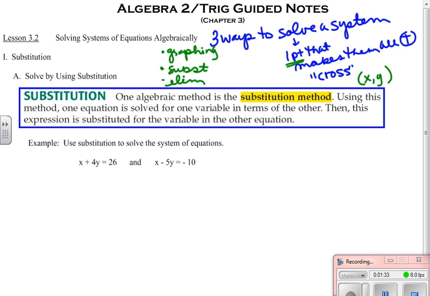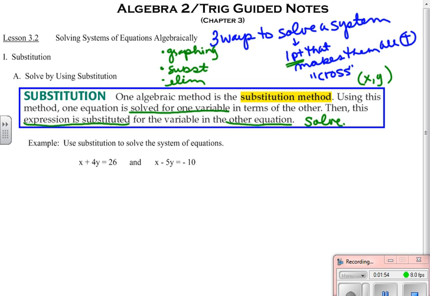So substitution formally is an algebraic method. Using this method, one equation is solved for one variable. So we're going to solve for one variable, then substitute that expression into the other equation and solve. That's your first step.